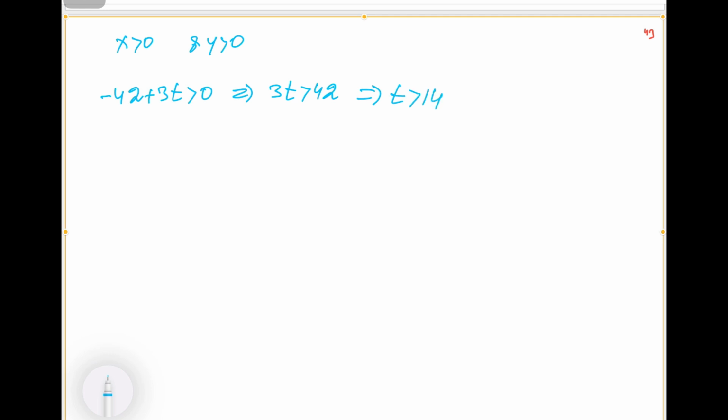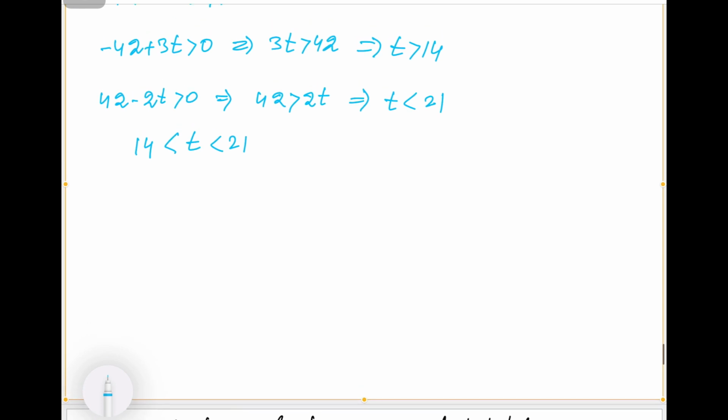And to get y positive, 42 minus 2t greater than 0 implies 42 greater than 2t, which implies t less than 21. So the values lie between 14 and 21. Let's find the solutions. So t is 15, 16, 17, 18, 19, 20.